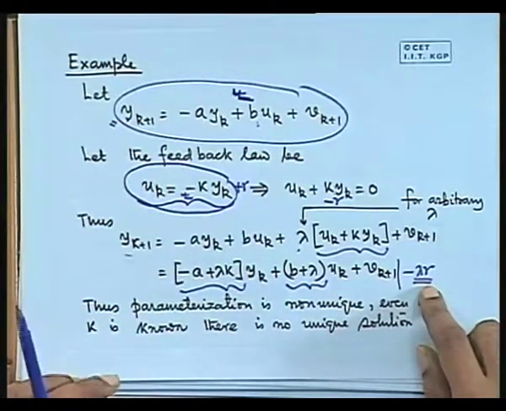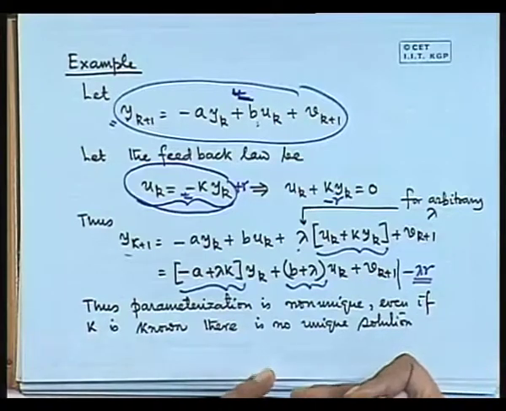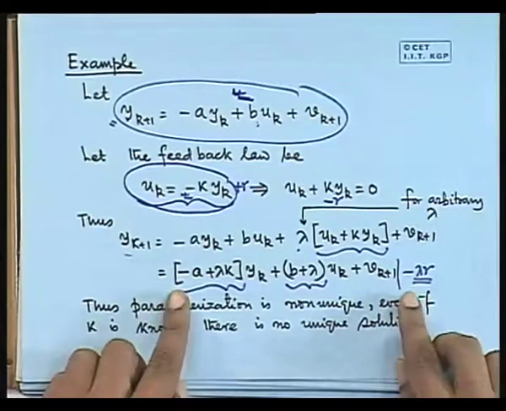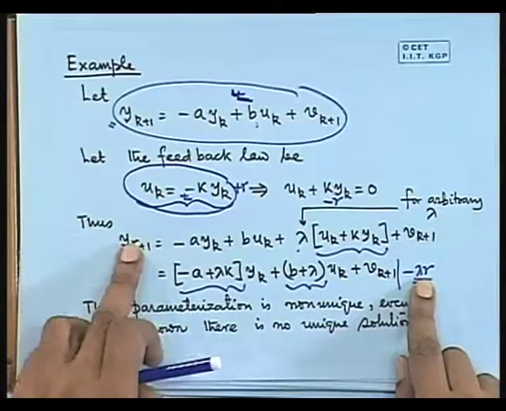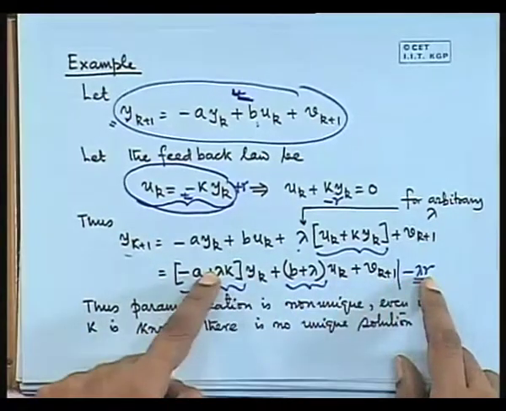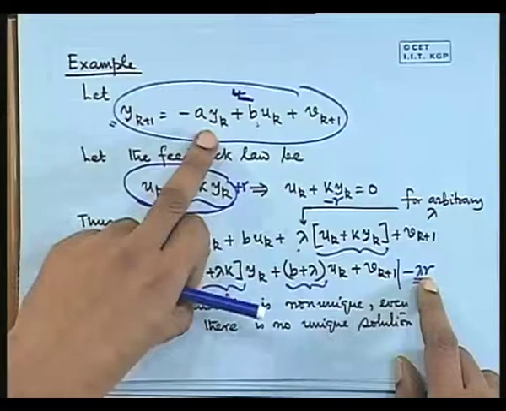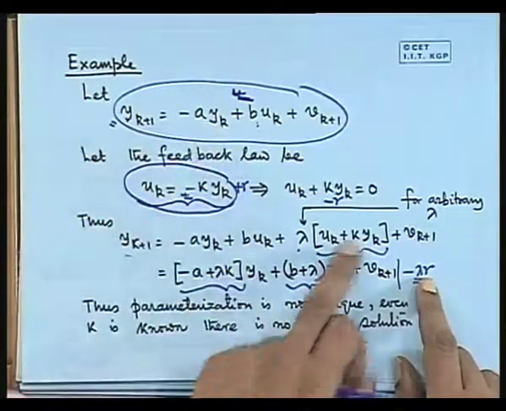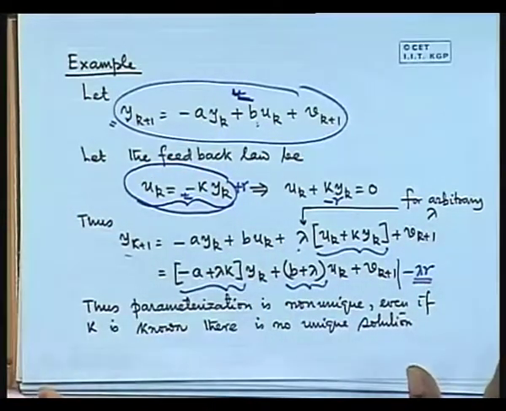Otherwise no other model, especially if R is persistently exciting, then the data which actually satisfies this can be identified using this structure only if lambda equal to 0, for no other value. So you will get the right parameters.